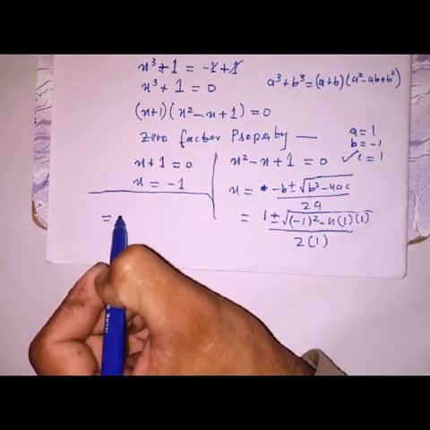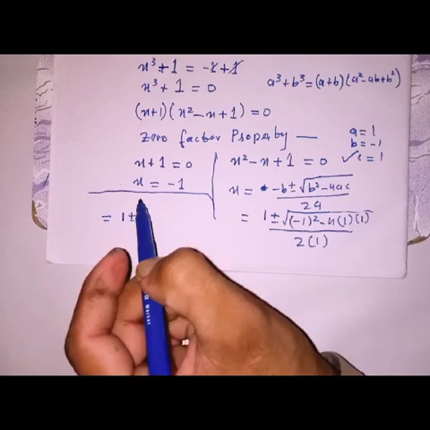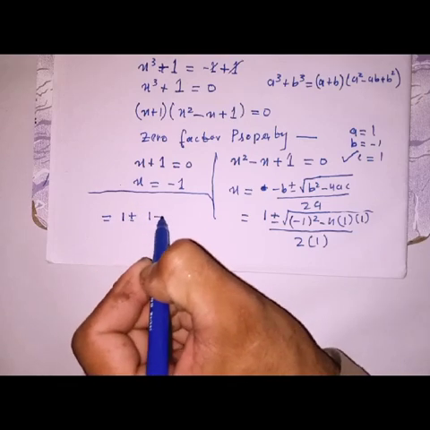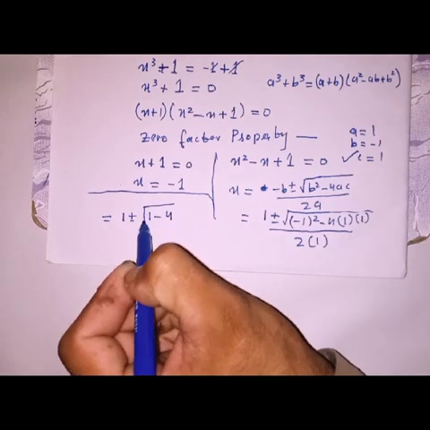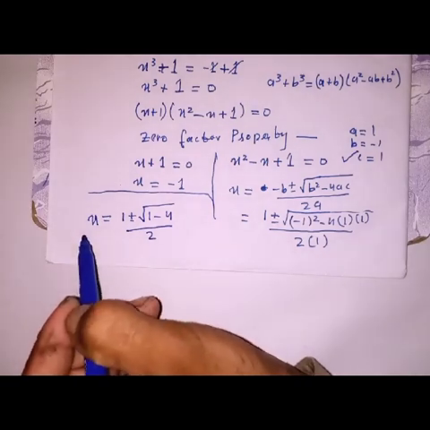Now we can write 1 plus minus 1 minus 4 under the root divided by 2.